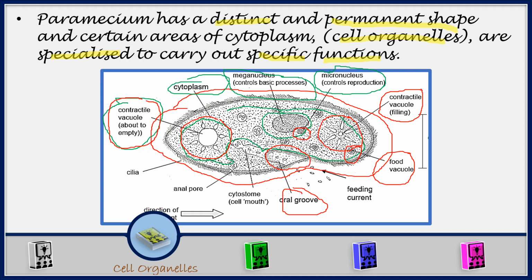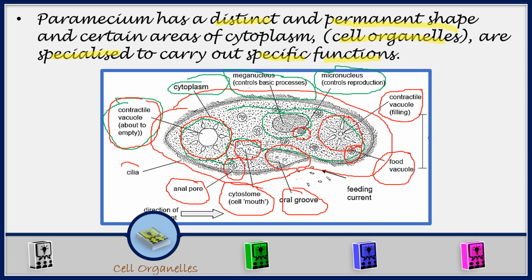That is the oral groove. It has the cytosome, which is the cell mouth. This part here, the cytosome, which is the cell mouth. It has got the anal pore. The anal pore is here, which releases materials out.